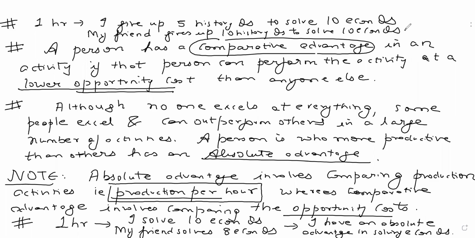Now, what is my opportunity cost of solving 10 econ questions? 5 history questions, which I am sacrificing. What is my friend's opportunity cost of solving 10 econ questions? 10 history questions.